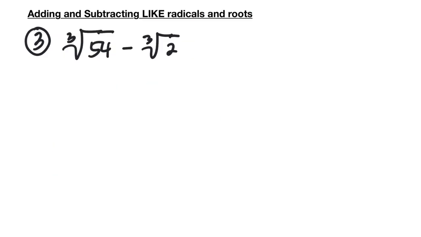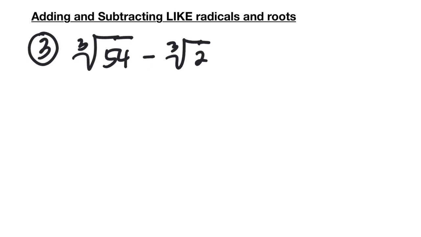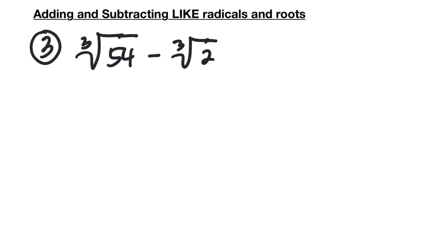Okay, so here's the last one. In adding and subtracting like radicals and roots, in this case, we're going to subtract. So the common thing in here, as we know, is the indices. They are both the same. But the thing that we have to do here is to simplify 54 first. Since we're dealing with cube roots, we can say that 54 is also the same as 27 times 2.